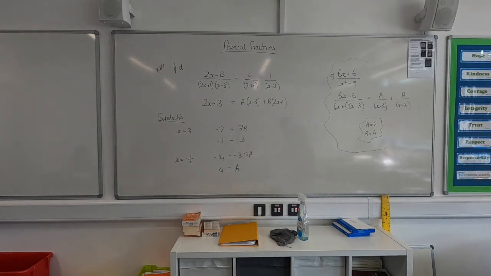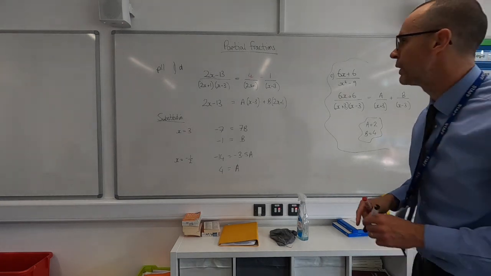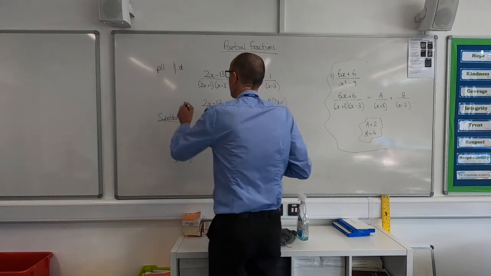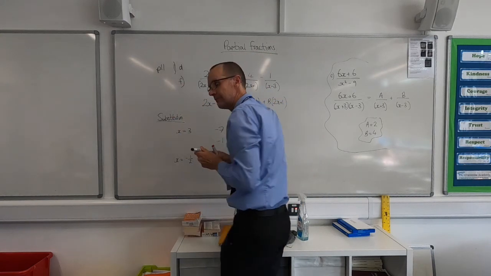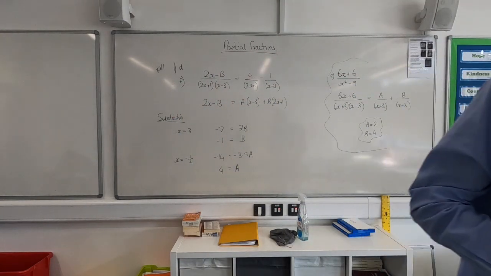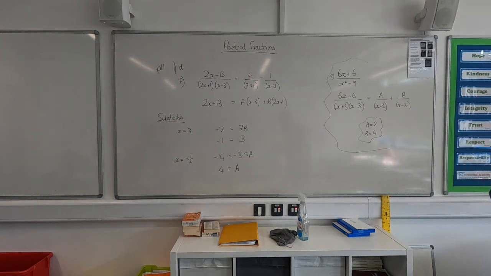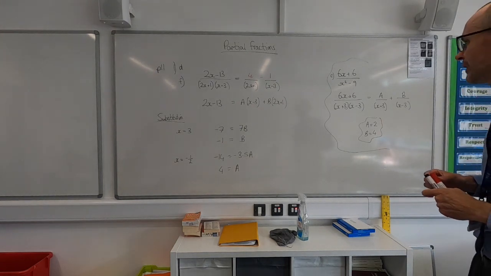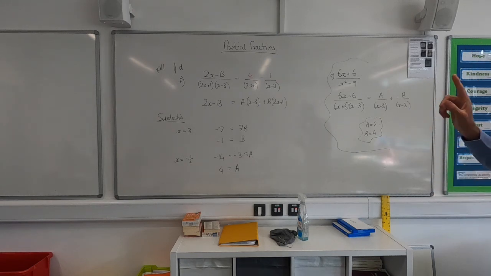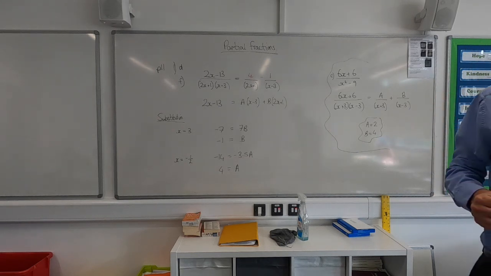So have a go at f using this process. F is one where, like E, you've got to factorise the denominator first. It's not a complicated one to factorise, but once you've factorised the denominator, you can then go through this process and use substitution.